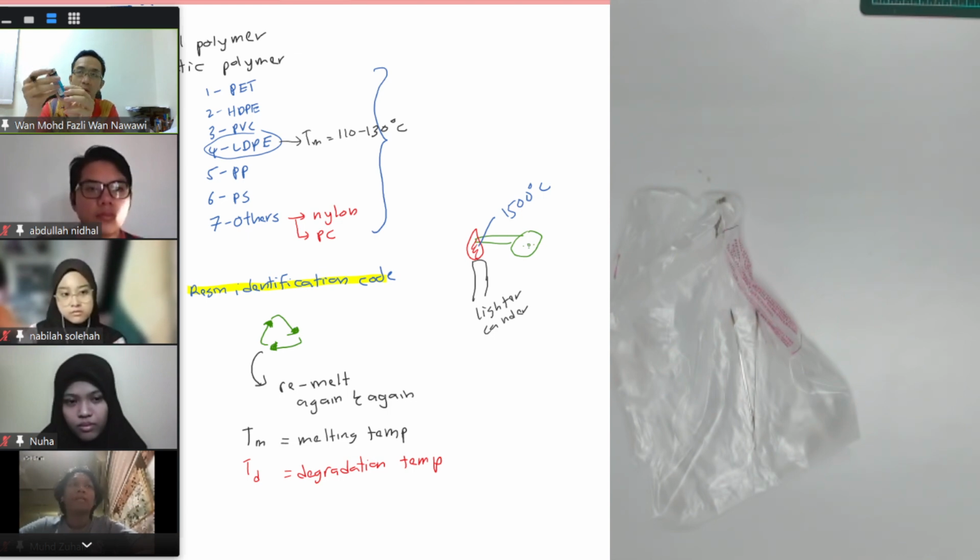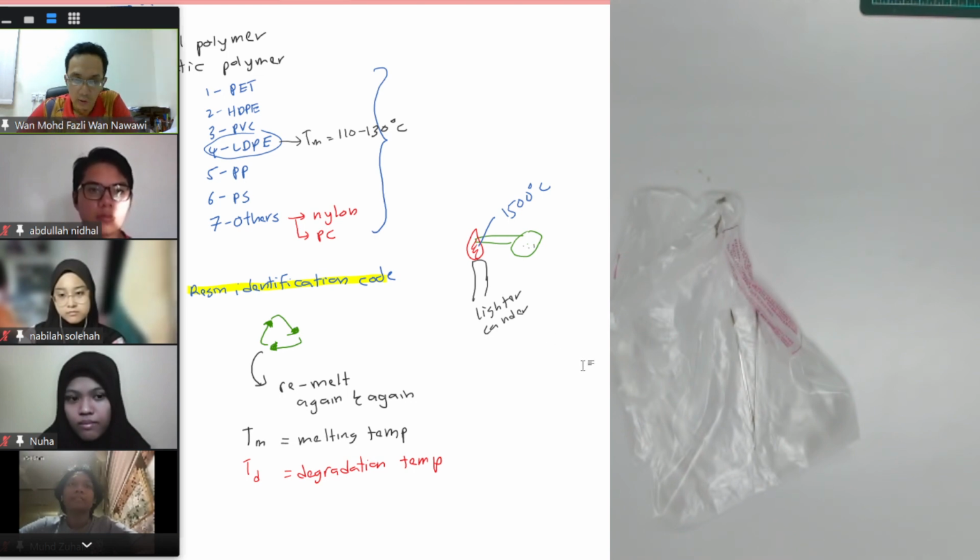Normally the temperature is 1500 Celsius roughly, 1000 to 1500 Celsius. Roughly around 1000, at least 800 to 1000 something, but the maximum normally 1500.